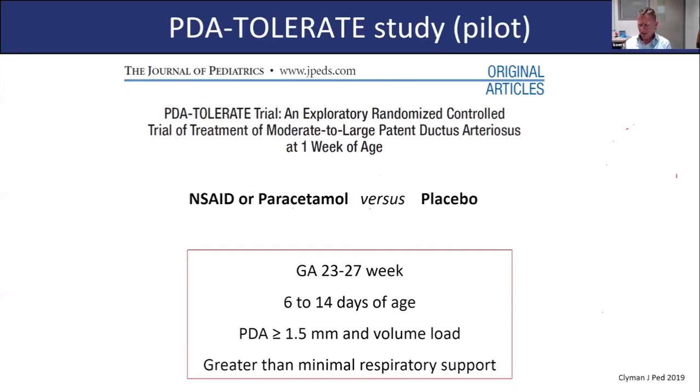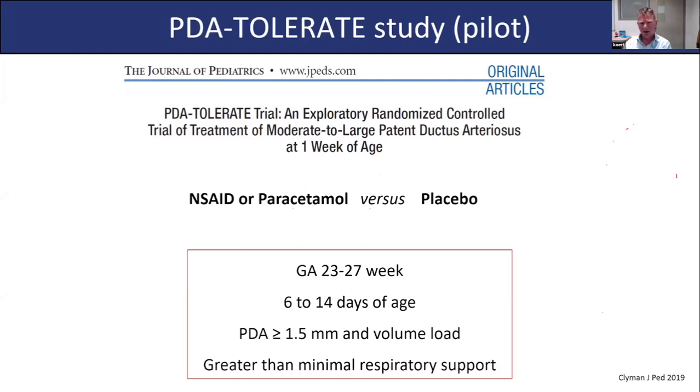As said, they compared NSAID or paracetamol, because there were European centers in there as well, I remember, versus placebo. Open label treatment was allowed, but it was sort of discouraged in the trial protocol.